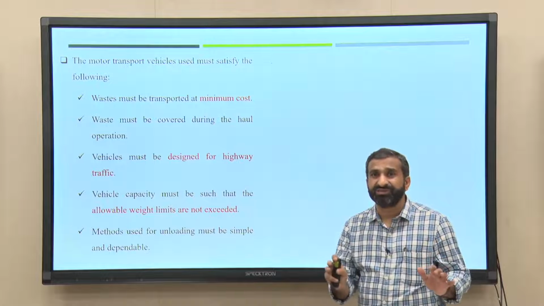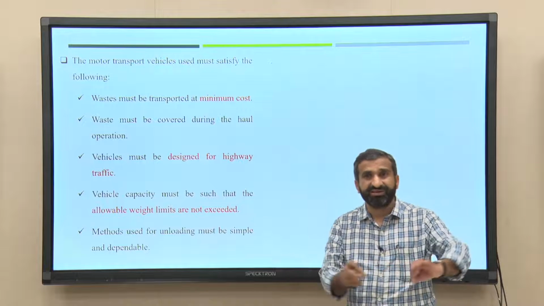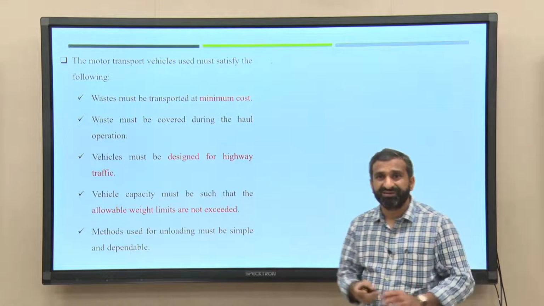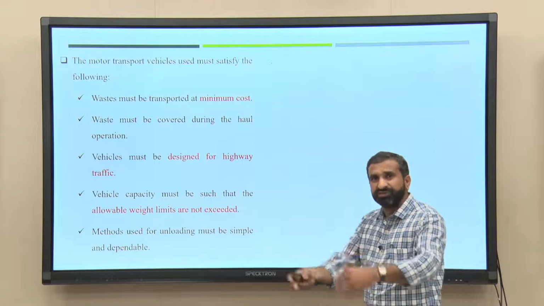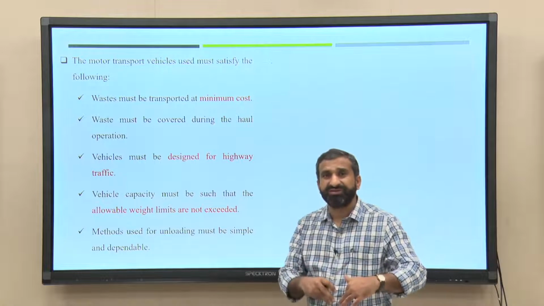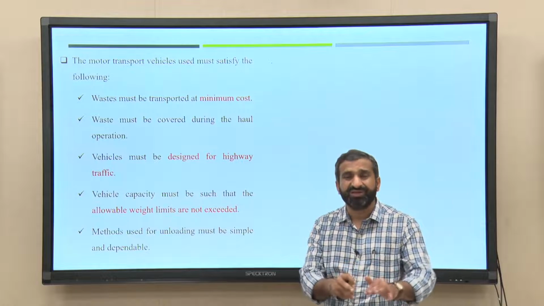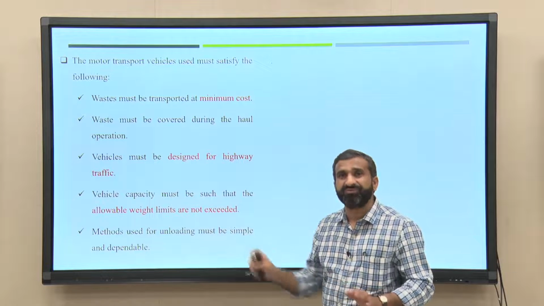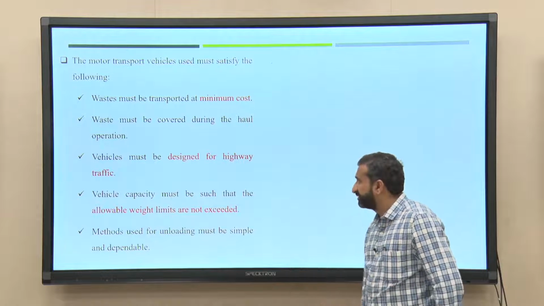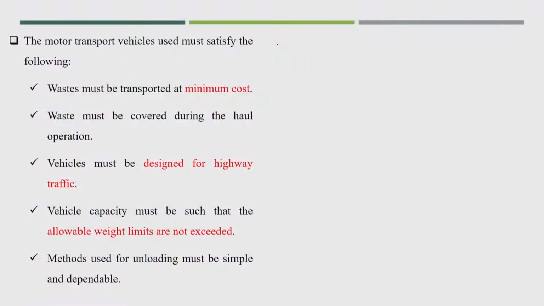We need to see whether U-turning such a vehicle is very difficult, as it will take a lot of time and also create problems for other vehicle traffic. So that design also has to be considered.